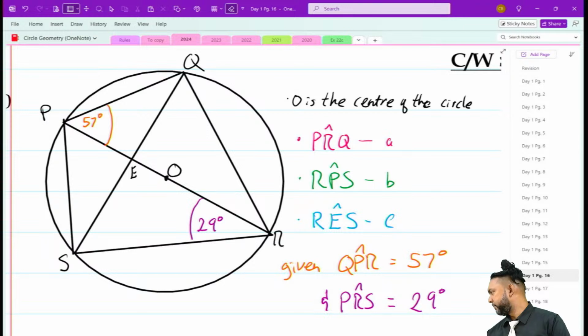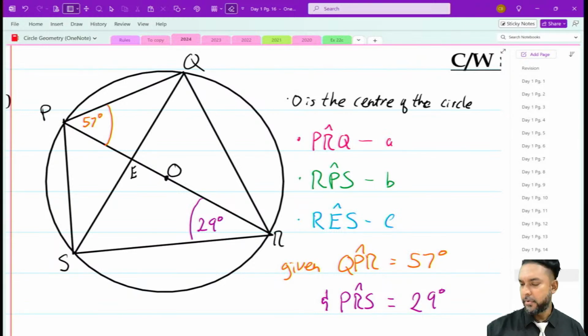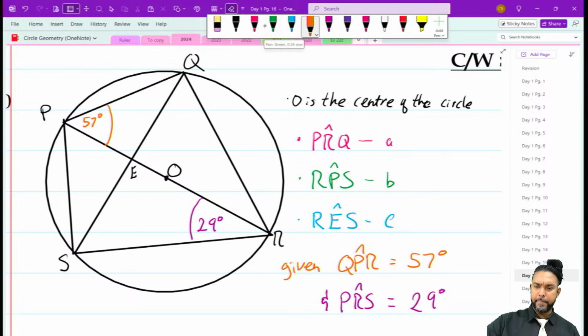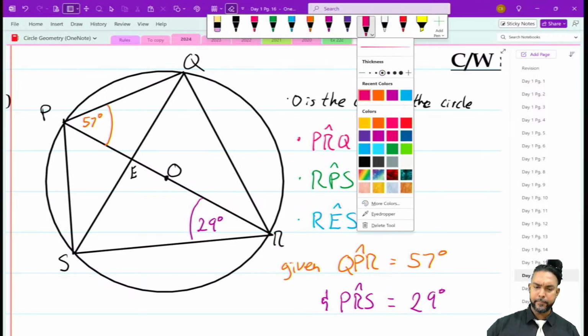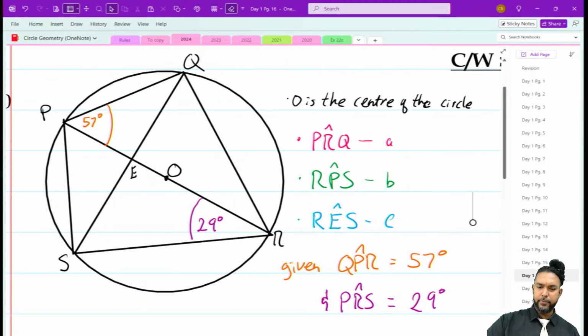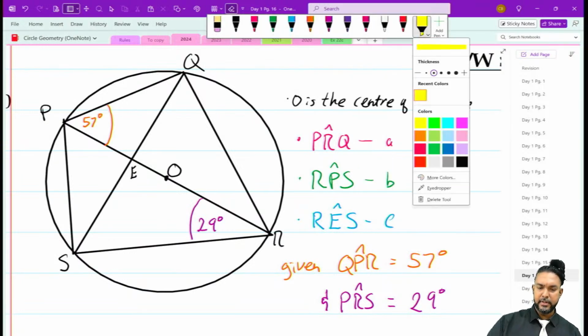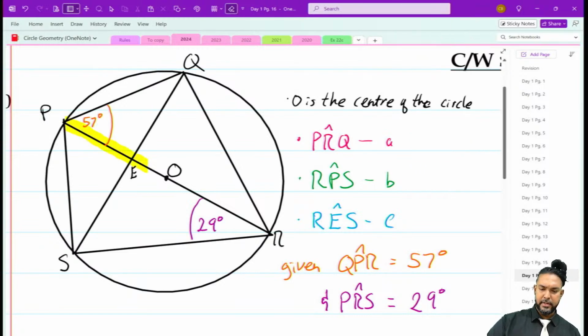Okay, guys. Let's take a look at what's going on in this one here. So if we once again acknowledge that this line here is a diameter, because it's a straight line in a circle from one point on the circumference to the next one, passing through the center, it's a diameter.